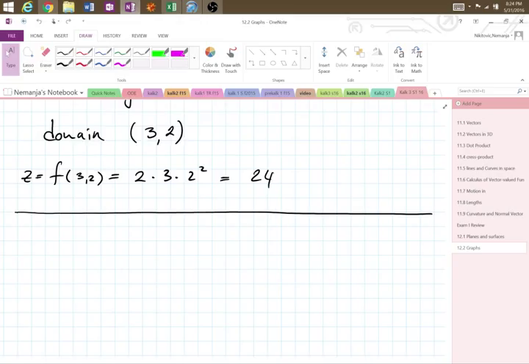So now we would like to know how to find the domain. What's the domain? Domain is the set of all inputs, right? Looking at the equation, we should be able to determine what are the values for x and y that we cannot use.